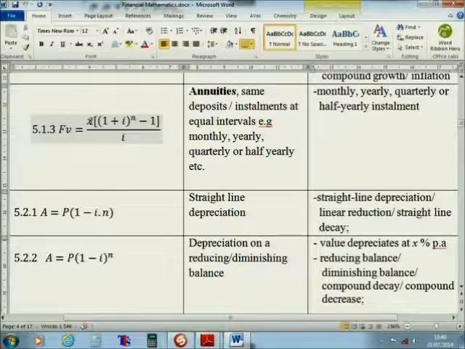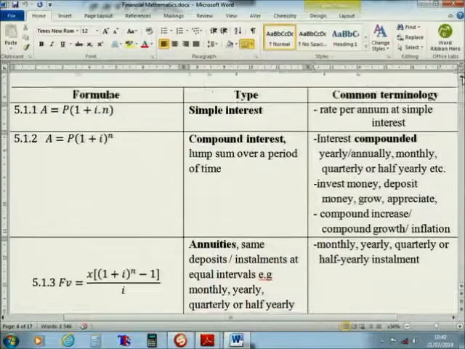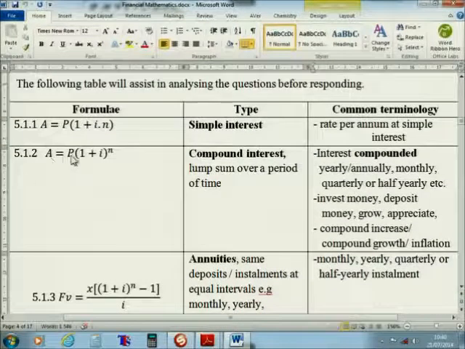But once you don't see the installment in your statement, you refer to the straight ones, and then we get to the top one that you dealt with under the investment. This one doesn't have X, there are no installments here. It's a lump sum over a period. Lump sum we refer to as P, which means a lot of money that has been packed together and put into the investment or into the bank.